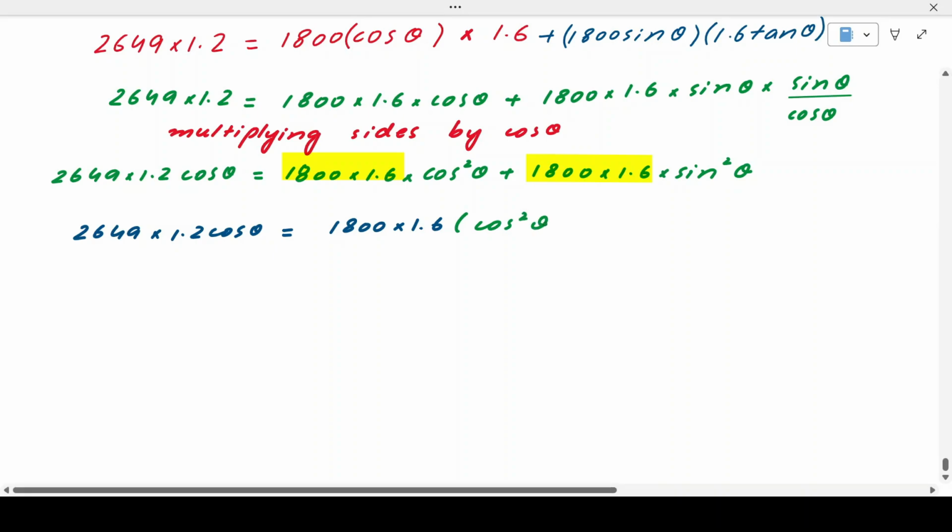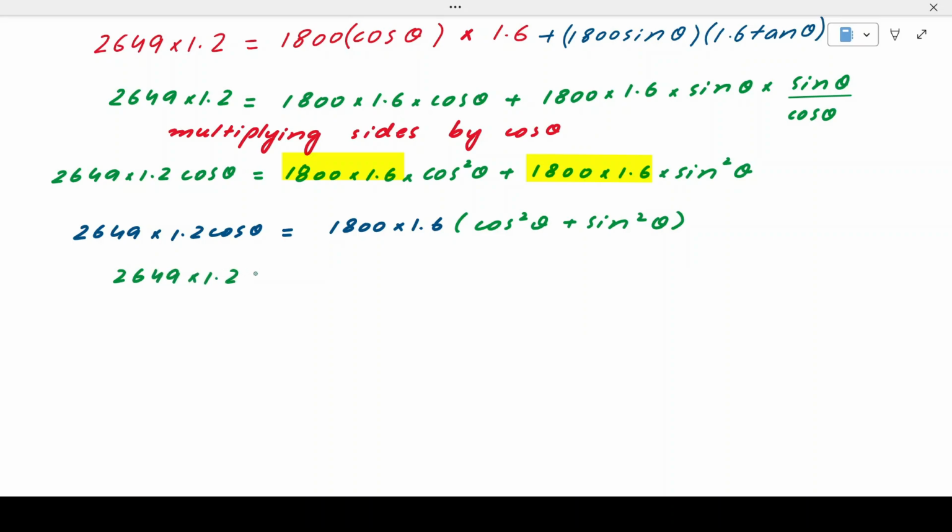Cos square theta plus sin square theta. 2649 times 1.2 cos theta equals 1800 times 1.6, and cos square theta plus sin square theta is 1.